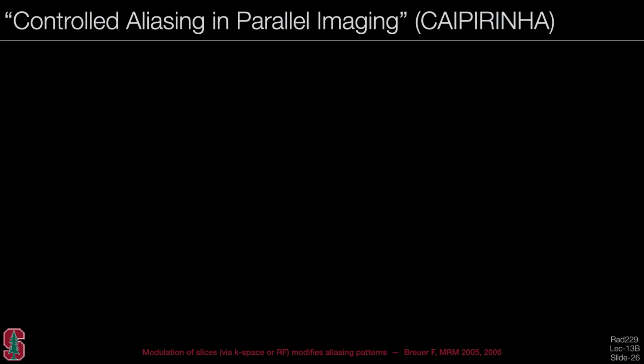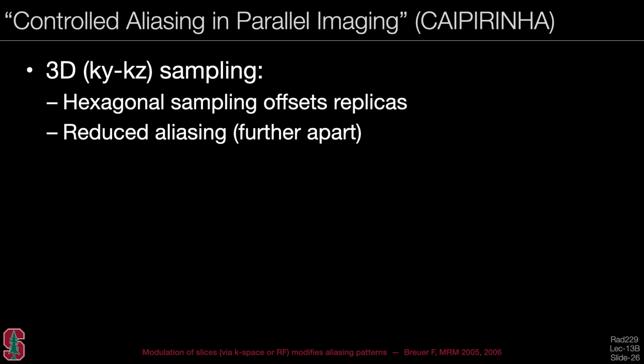So this brings us to the idea of controlled aliasing, which goes by a variety of terms. So we can look at 3D sampling, where we have freedom of our KY and KZ locations. And here we can use what's sometimes called hexagonal or checkerboard sampling, and this will offset replicas that are aliased. And this can reduce aliasing because the replicas are further apart.